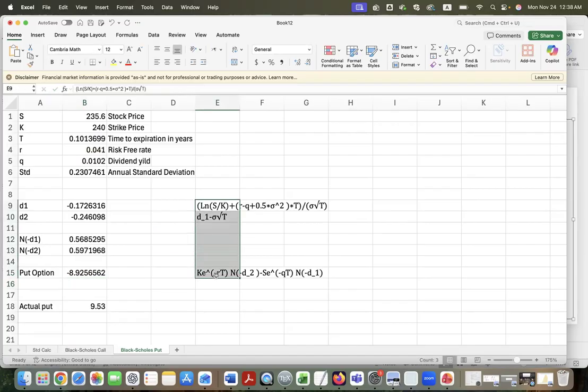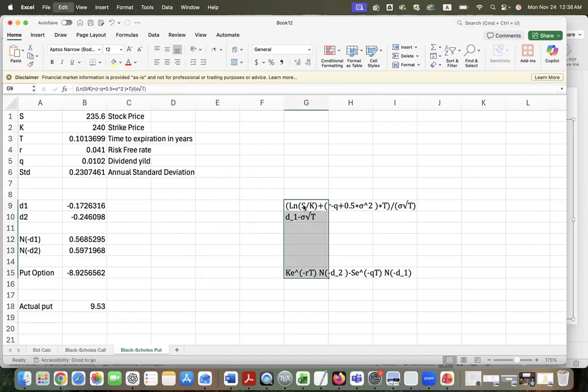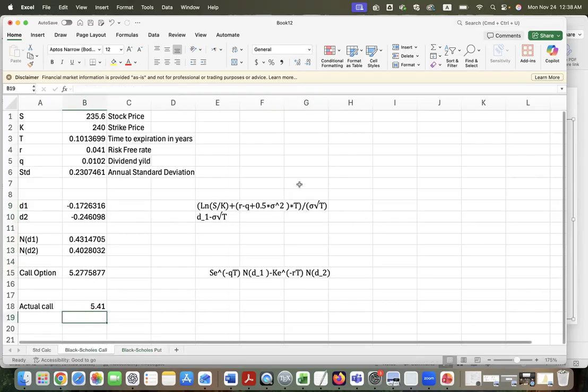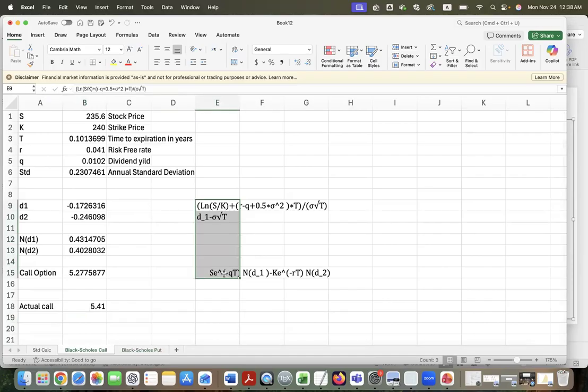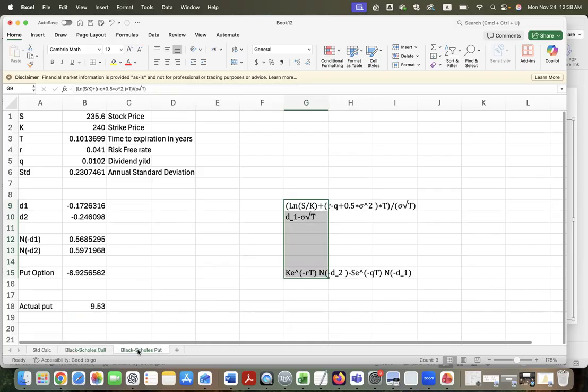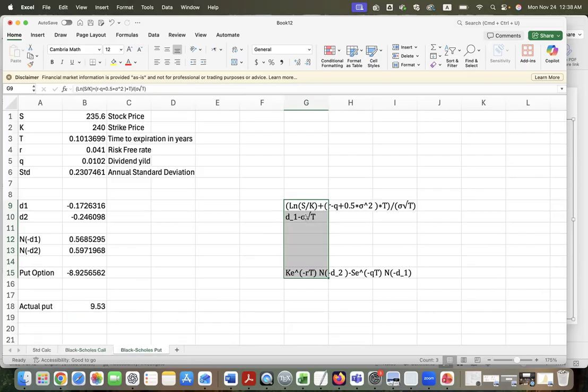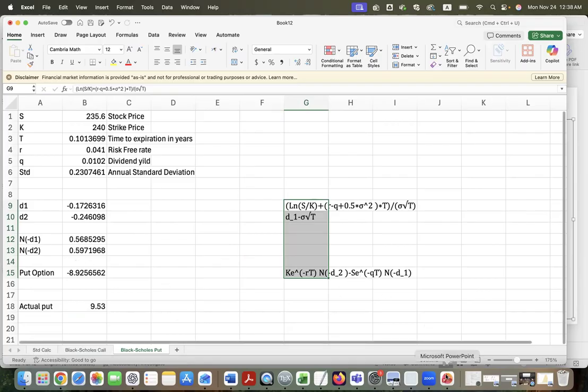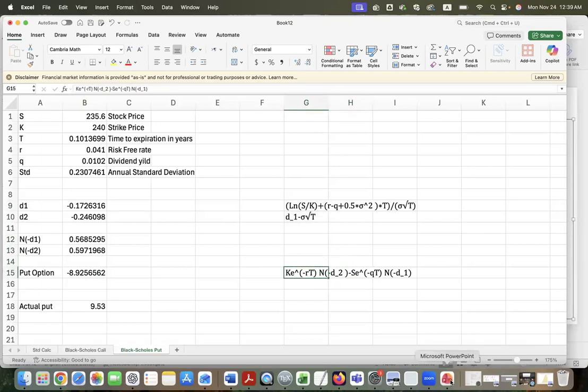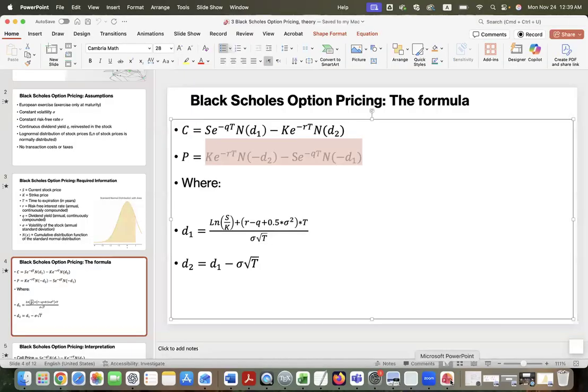Let's just copy this, paste them maybe here. Now the formula here, so D1, D2, and negative D1, negative D2, they're all calculated. All I need to do is this last line of calculation, yes. So let's do that.